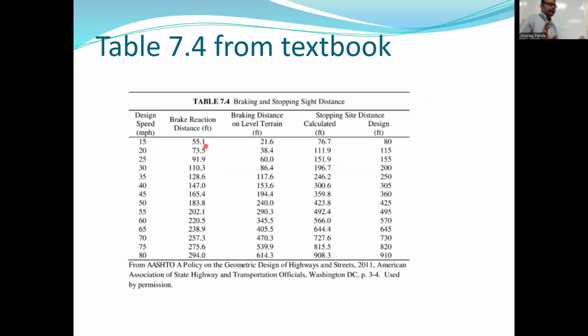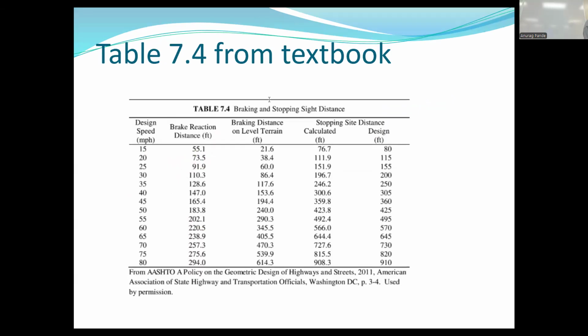Now I'm going to quickly talk about where this came to be. So where this 55.1 came from: if your design speed is 15 miles an hour, you multiply that by a reaction time. I'm just going to say reaction time T. You multiply your speed with the reaction time, it should give you 55.1 feet.